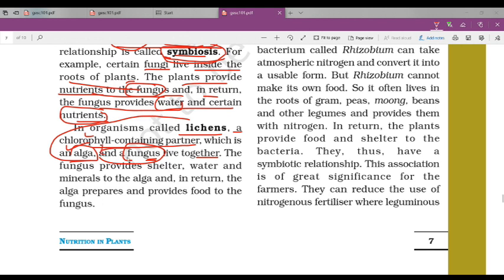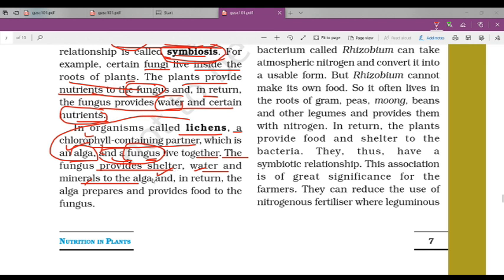And what do algae get from the fungus? The fungus provides shelter, water and minerals to the alga. It helps the algae to get water and minerals, and also provides shelter.